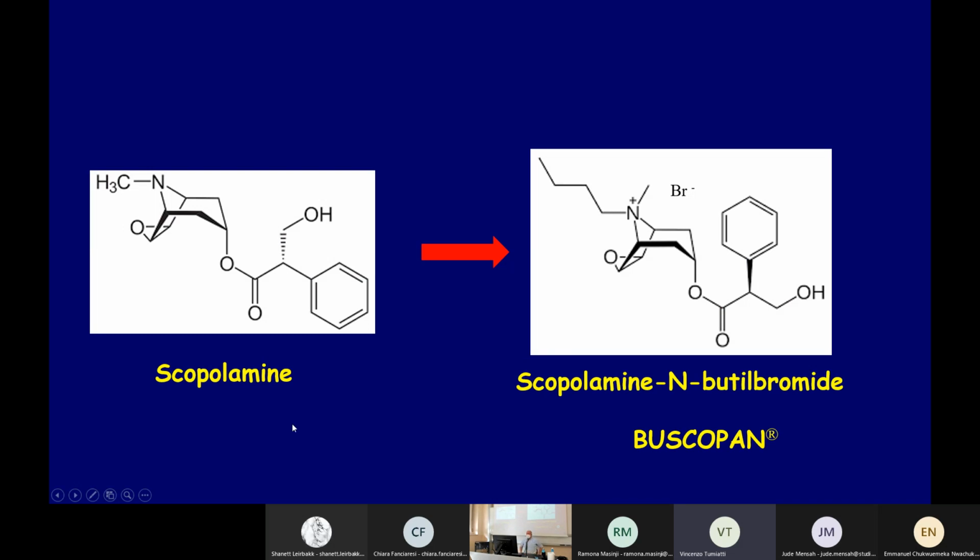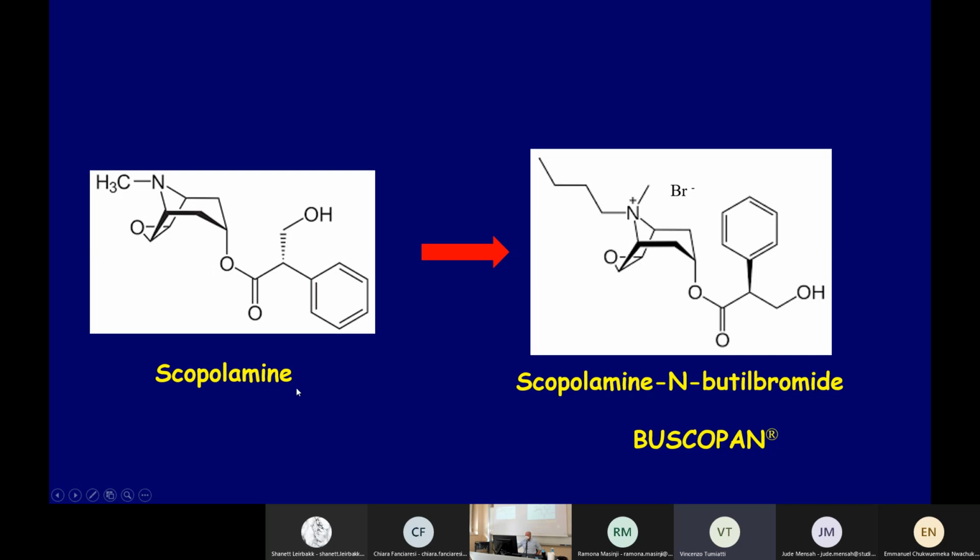Here you have an example of a natural alkaloid, scopolamine, from Atropa belladonna. There is a very famous drug called Buscopan in Italy, scopolamine N-butyl bromide.